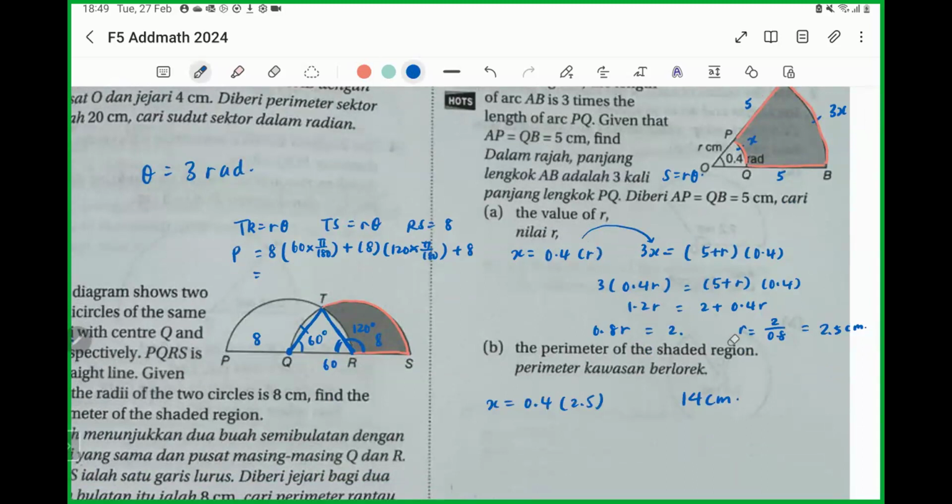So x will be equals to 1. So 3x will be equals to 3 times 1 equals to 3. So perimeter will be equals to 1 plus 3 plus 5 plus 5. So 14 cm. That's it.